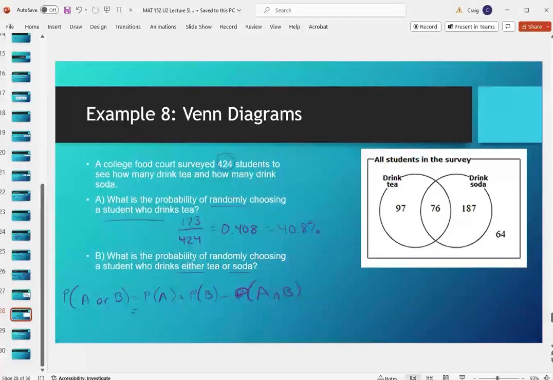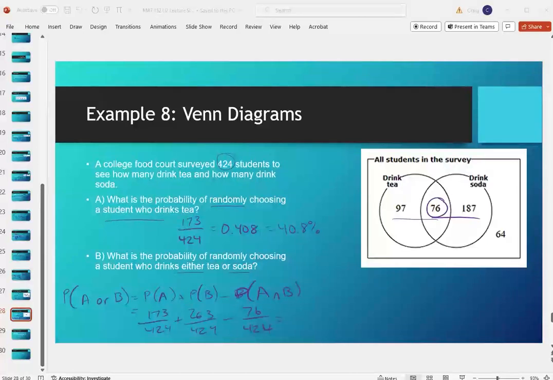In this case, the probability of them drinking tea is 97 plus 76, or 173 over 424. The probability of them drinking soda, 187 plus 76, 263 over 424. And then we're going to subtract away the 76 who do both.